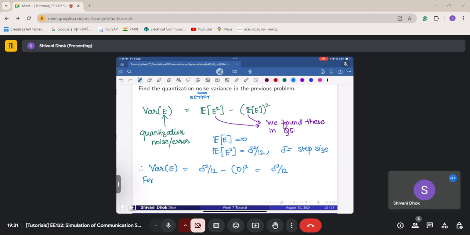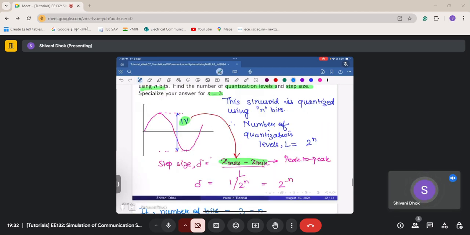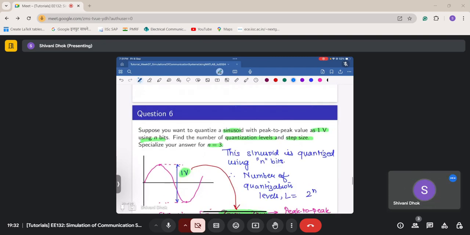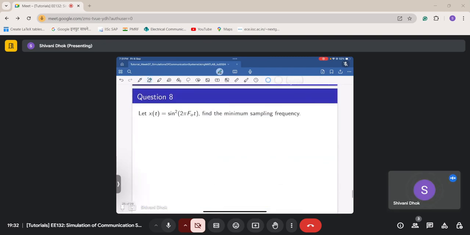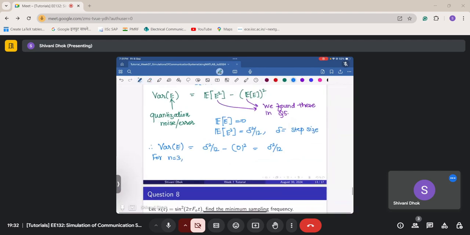For n equal to 3, like in question 6 where we were asked to specialize your answer for n equal to 3, the variance of E comes out to be as follows. We had delta as 2 to the power minus 3, that is 0.125, so this will be 0.125 square by 12.